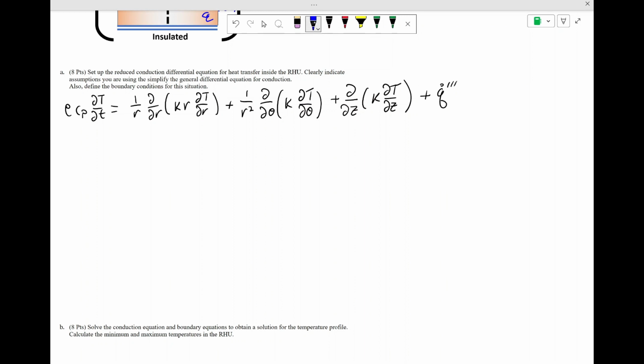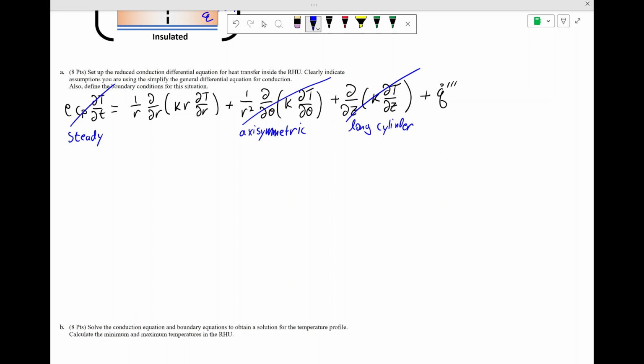Okay, so now let's step through and simplify this equation. We're going to say that it's a steady state problem, so our d/dt term drops off. We'll say that it's axisymmetric, so there's no variation in the azimuth, in other words d/d theta is 0. We said that there are no end effects, and we're treating this as a long cylinder, so there's no variation in the z direction. Let's now reduce this equation to the remaining terms.